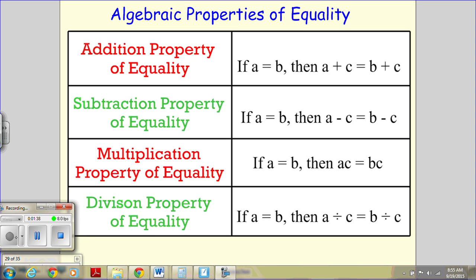Anytime you subtract one number from both sides of the equal sign, you're using the subtraction property of equality. Whenever you multiply the same number to both sides of the equal sign, you're using the multiplication property. And if ever you divide the same number from both sides of the equal sign, you're using the division property of equality.